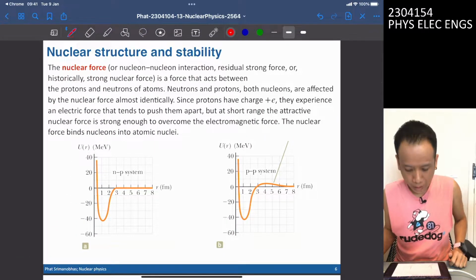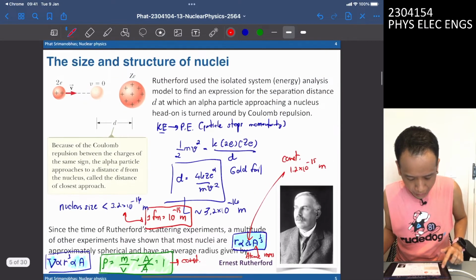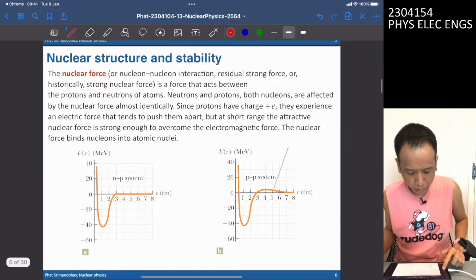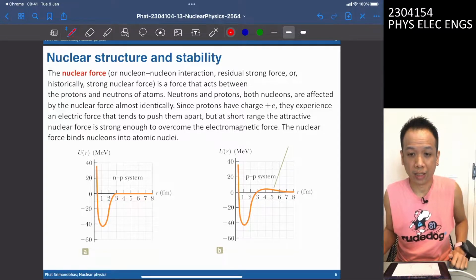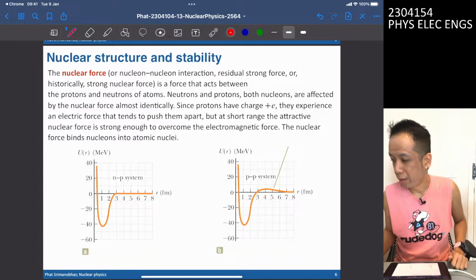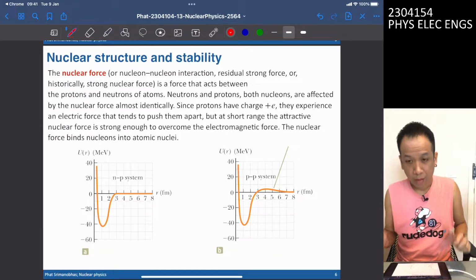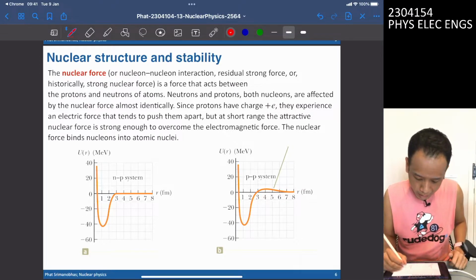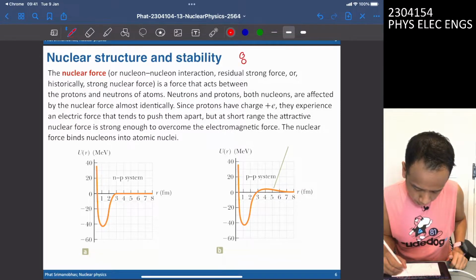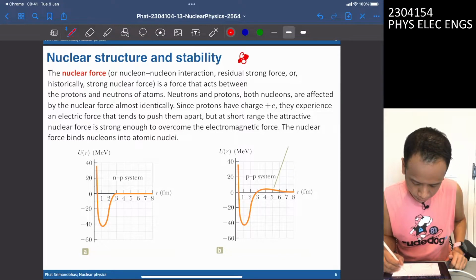After that, we talk about the nuclear structure and stability. The nucleus is a group of neutrons and protons. I use the solid ones as the protons and the hollow ones as the neutrons.